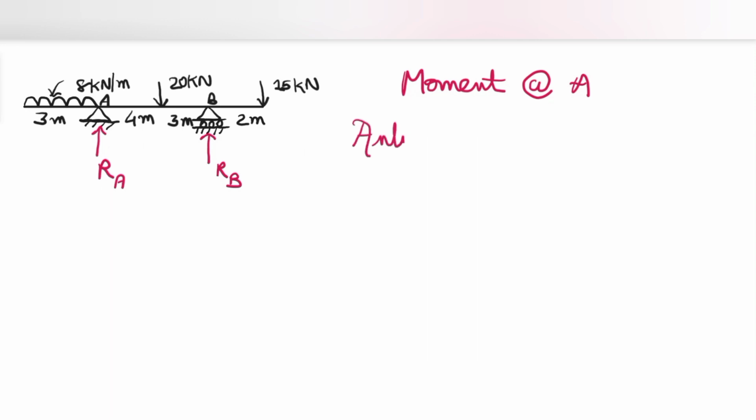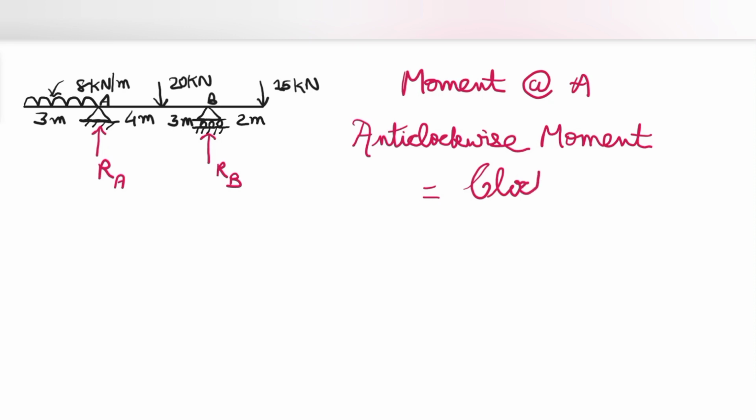We have already learned how we can find the moment of a force in the chapter coplanar non-concurrent forces. If you have not seen that video, then I suggest you see that first.